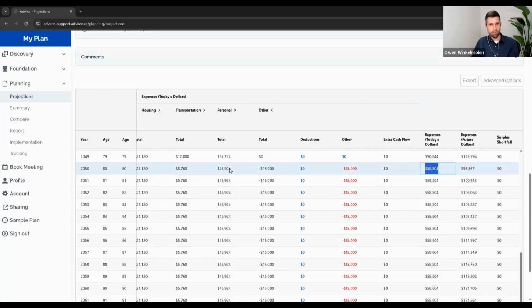And of course, the survivor would need to figure out where that comes from, what personal spending gets reduced. But from a planning perspective, it gives a quick way to test what sort of reduction in spending is necessary. So quick and easy. If you're looking at the help resources, look for multiple scenarios. There's a little video there about how to add overrides in different areas of the platform.